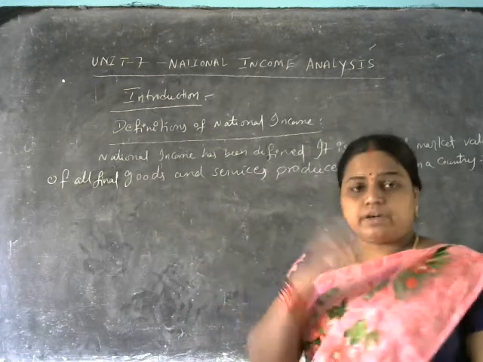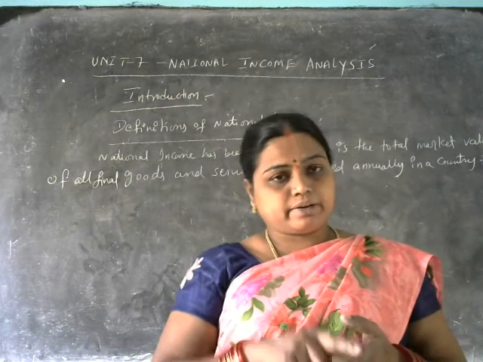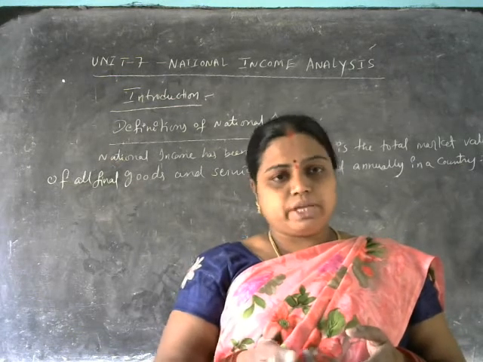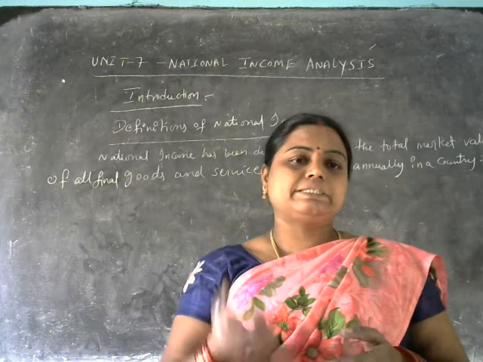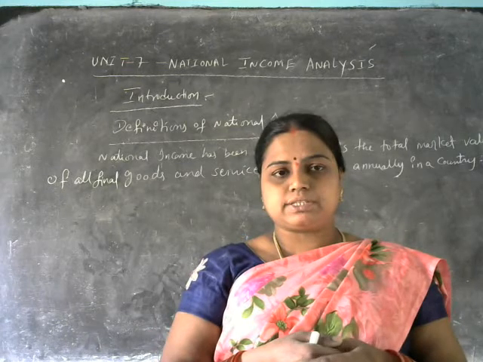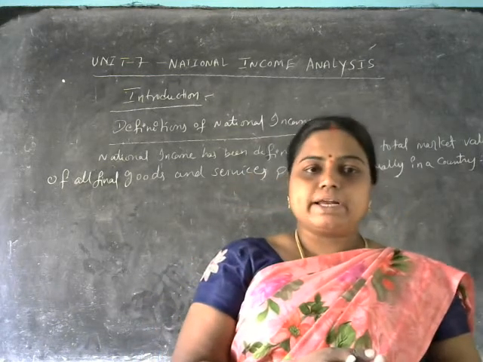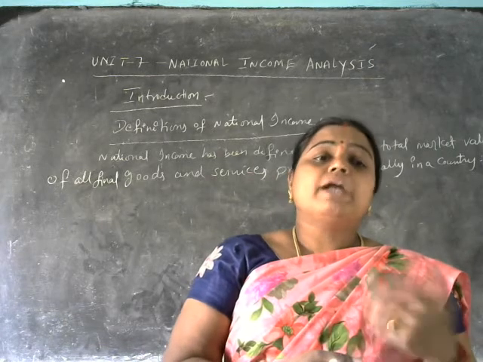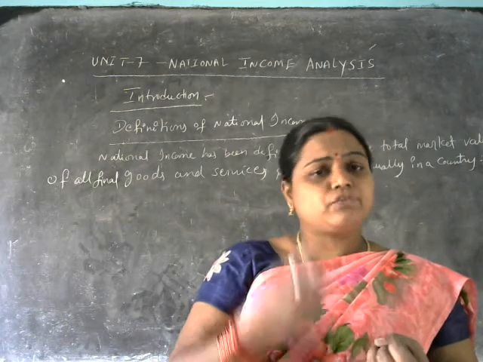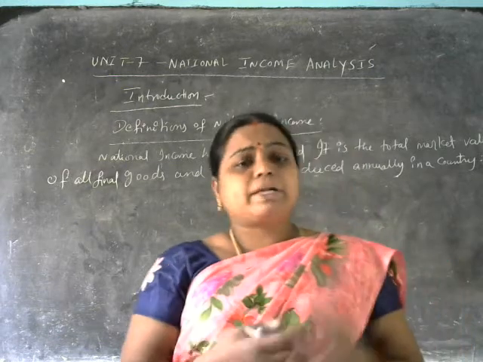So all those goods and services produced by that country within 1 year, a period of 365 days in a normal year or 366 days in a leap year, produced by the different companies, firms, households, whatever it may be, are multiplied by their market value.